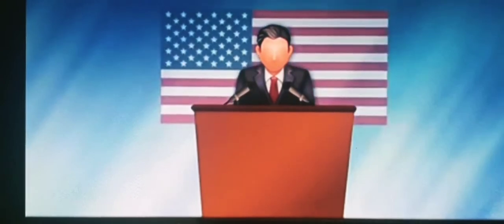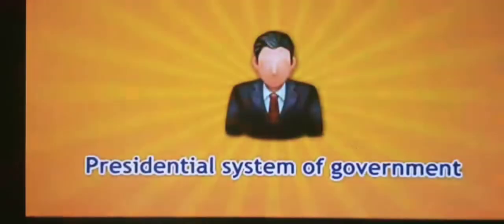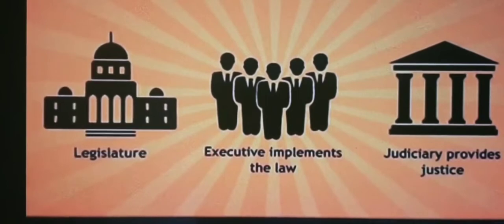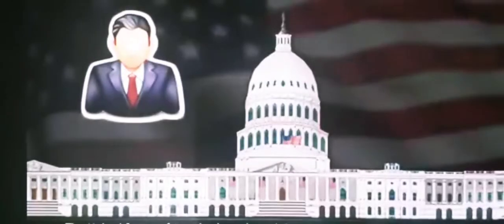The system in which the executive is independent of the legislature and the head of the state, that is the president, is directly elected by the people, is known as the presidential system of government. Though the three organs are independent of each other, there are enough connections between them to work in harmony and coordination. The United States of America has adopted the presidential system of government.